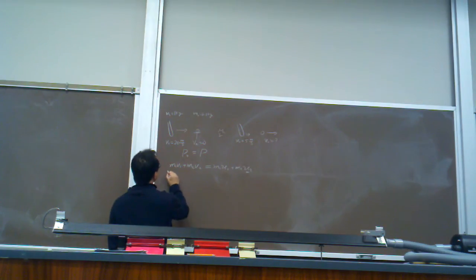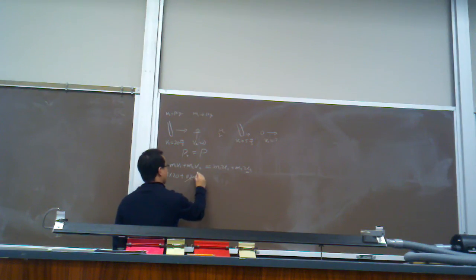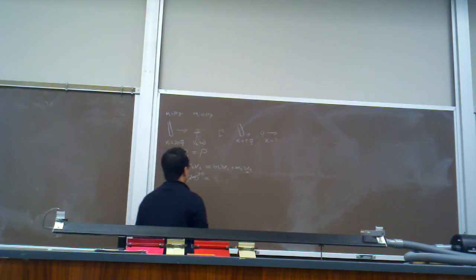If you put in the numbers, 1 multiplied by 20 plus 0.2 multiplied by 0, so actually a 0 term, equals 1 multiplied by 5 plus 0.2 multiplied by U2.